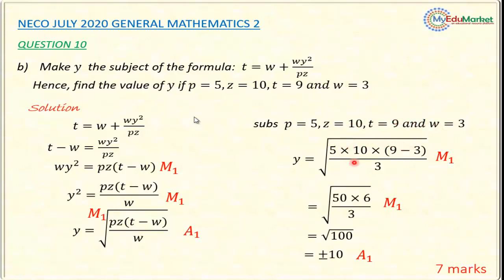Substituting them correctly gives you method 1 mark. Next mark is for simplifying that up to the end, you have method 1 mark, and the final mark, which is accuracy mark, is the value of y as plus or minus 10. If you have that exactly, you have this accuracy 1 mark. So the total marks awarded to this question is 7 marks.